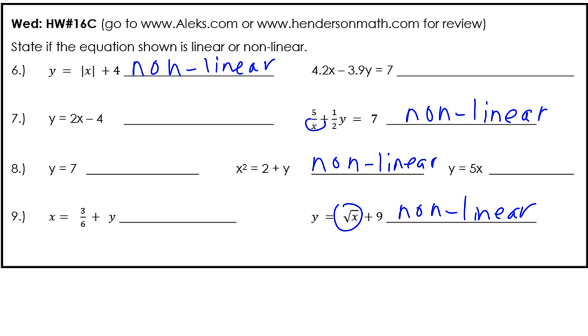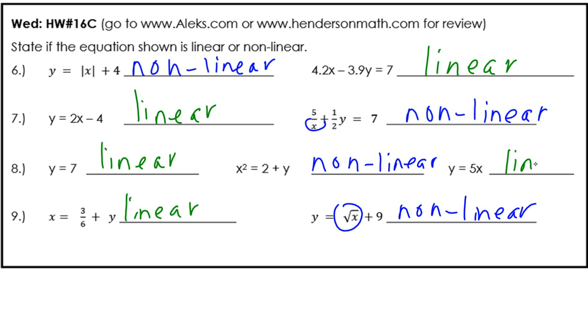And it looks like all the rest don't break any rules, so we would classify these as linear. So, variables in the denominator are nonlinear, powers are nonlinear, square root signs and absolute value signs, those are all nonlinear.